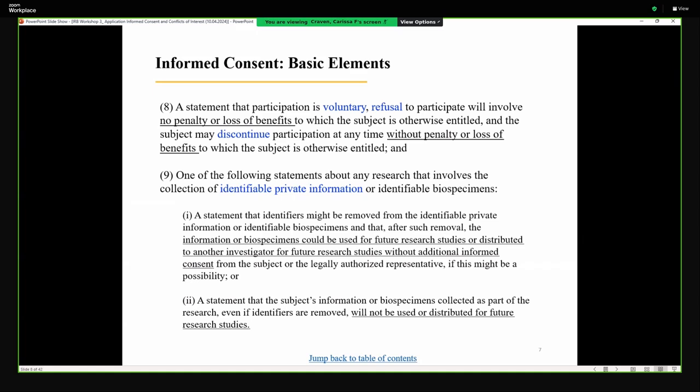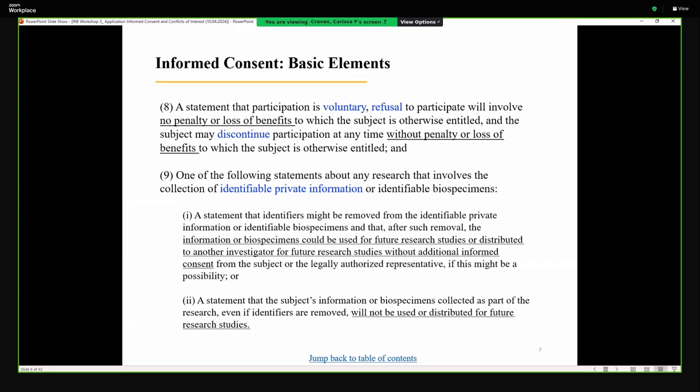One of these 2 statements do have to be in the informed consent form. The first is if you plan to keep their data, de-identify it, and either use it for your own future study or give it to another investigator in the future. If this language is not there and you move to another university, you can't use that data.